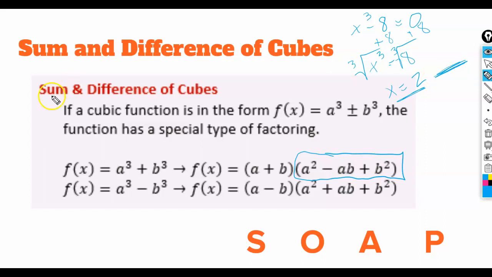So knowing how to factor your sum and difference of cubes is vital because it's really the only way that we're going to find those other 2 roots. You're only ever going to be able to find the one real rational root if you just solve for the x by doing the opposite.